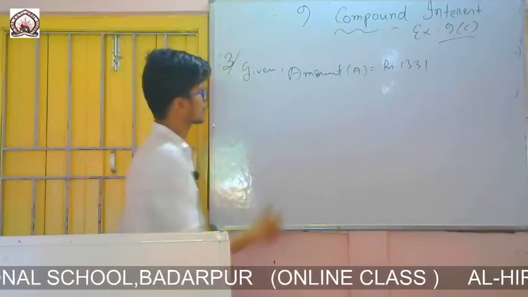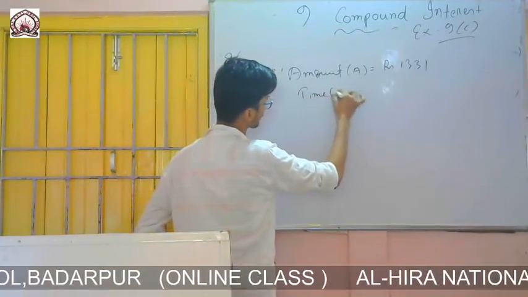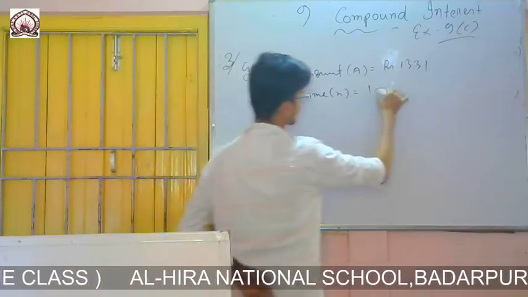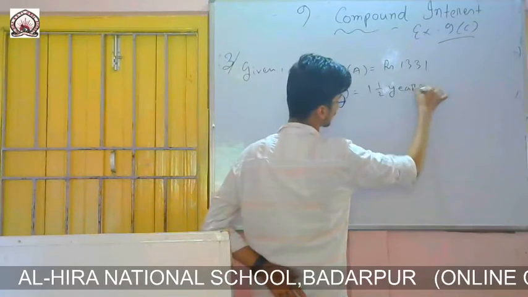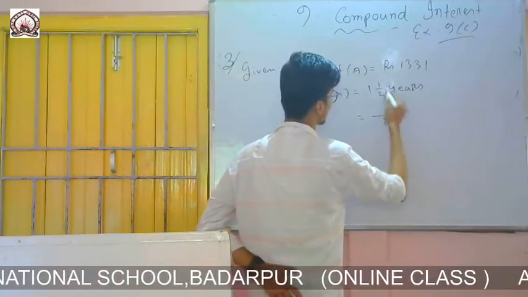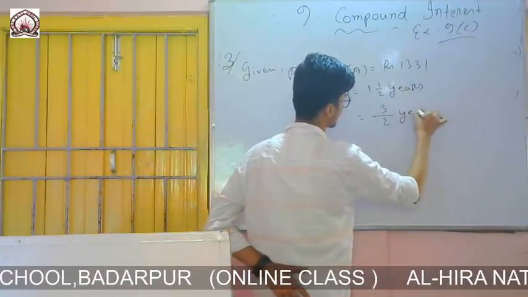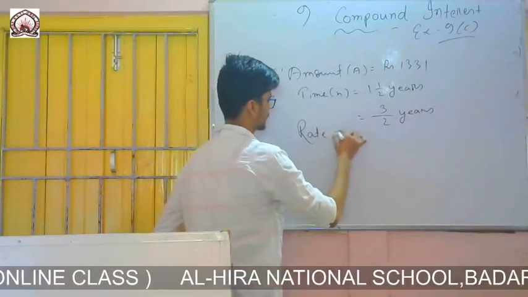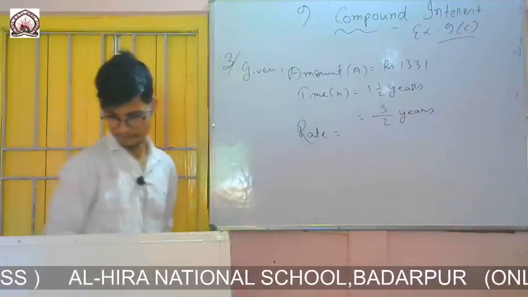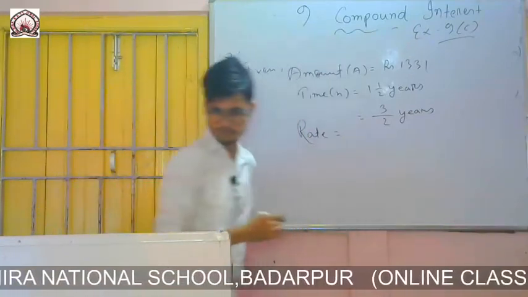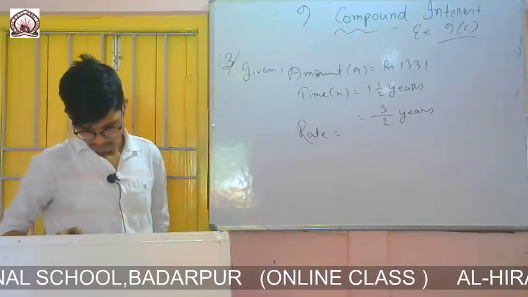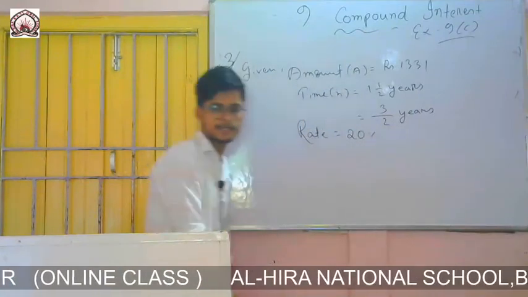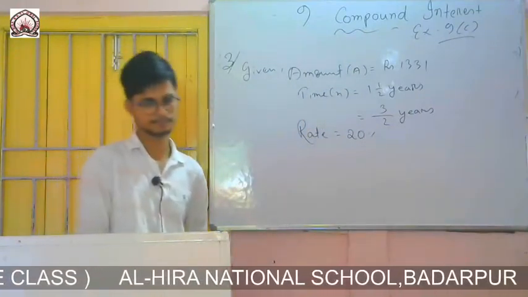Time n is given as 1.5 years, which I can write as 1 plus 1 by 2, that is 3 by 2 years, and rate is given as 5%. No, sorry, rate is given as 20%.